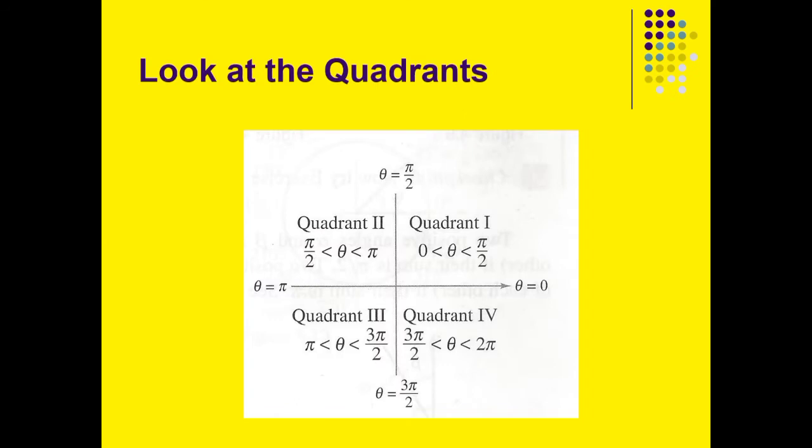So look at the quadrants that we have there. Quadrant 1 is between 0 and pi over 2. Quadrant 2 is where the angle theta is between pi over 2 and pi. Quadrant 3 is between pi and 3 halves pi. Quadrant 4 is between 3 pi over 2 and 2 pi.